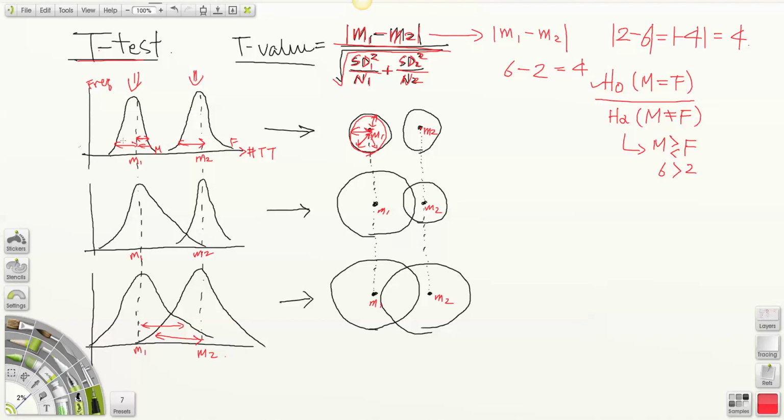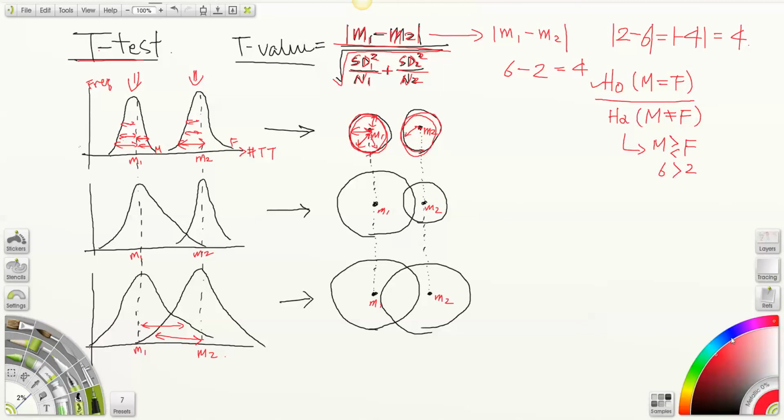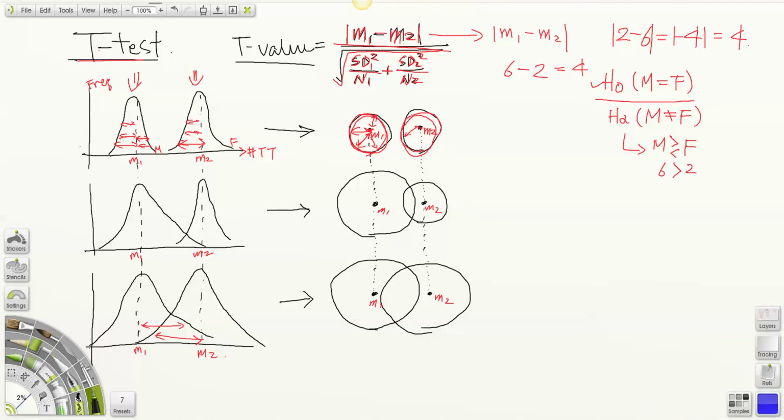Basically these dispersions are small, so that's why you have this small circle. And here in the second subsample for this first scenario, the dispersions are relatively small, that's why you have this small circle. And because of that, there's no overlap between the two subsamples.